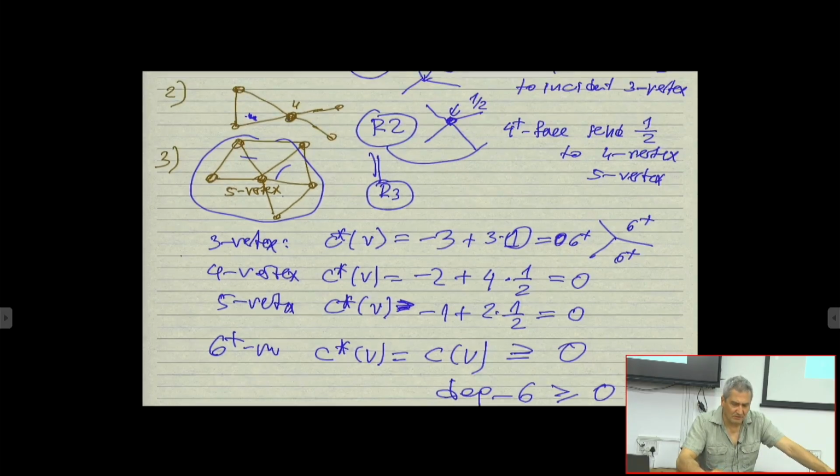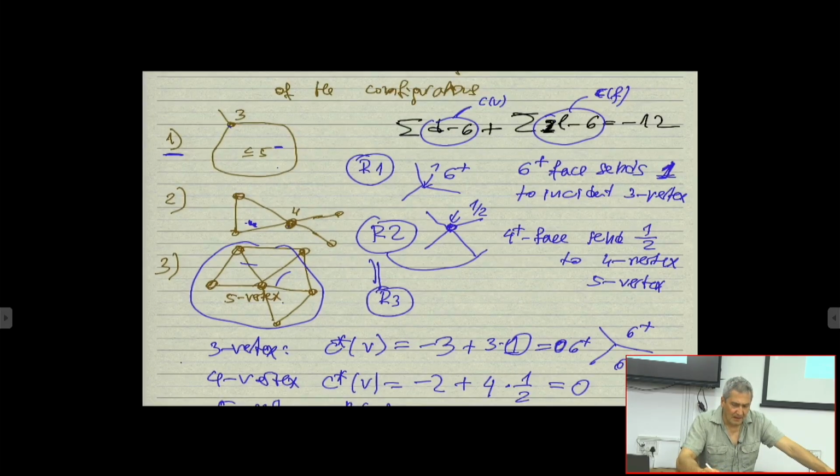Rule 2. If I have here a 4 or 5 vertex, and here a face of size 4 plus, 4 or 5 or 6 and so on, then this face sends to this vertex 1/2. Why? Because we create the rules.